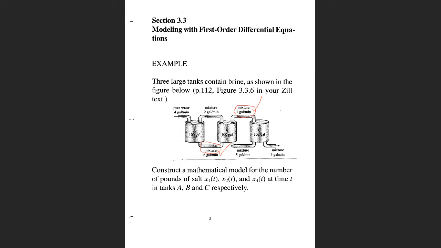And then, oh my goodness, you have two outgoing mixtures coming from tank B that add up to 7 gallons per minute. So for dx2/dt, I didn't show all the little steps, but that's right, Thomas, 7 gallons in, 7 gallons out. dx2/dt is going to equal this differential equation, and I'm going to let you confirm that.